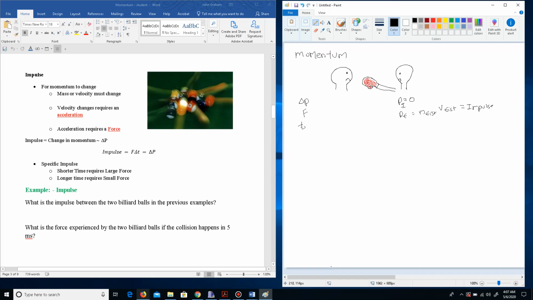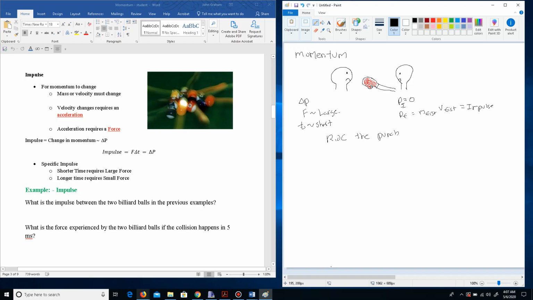Well, all this guy can do is either stand there and take a quick jab, which is going to have a short time. And if he takes a quick jab with a short time, he's going to have a large force, and he's going to feel it a lot more. So what he's going to do is he's going to do what's called ride the punch.